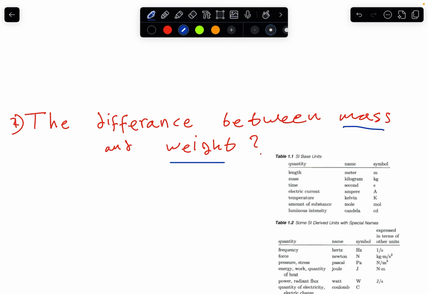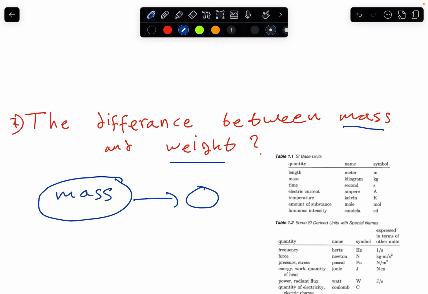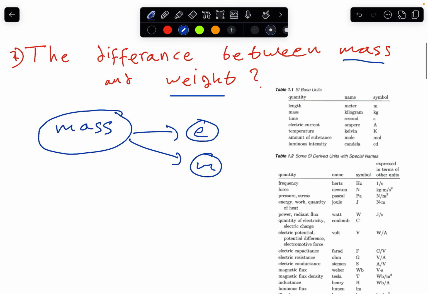Well, it's pretty easy, because mass doesn't depend on force or acceleration or gravity, etc. So my mass on Earth is the same on the Moon, so it's constant.